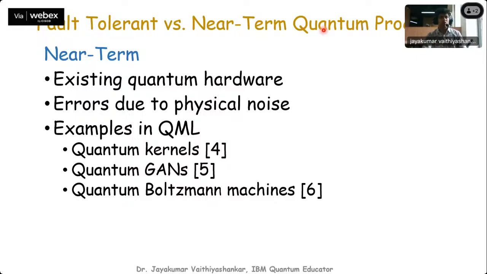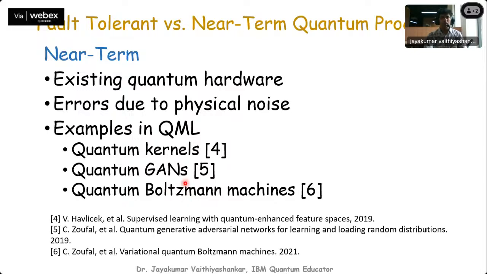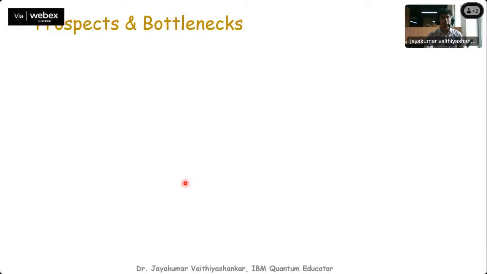So if you have a near-term quantum processor, you can focus on quantum kernels, quantum GAN, and quantum Boltzmann machine. Many algorithms are possible on near-term quantum processors. I gave very few examples.